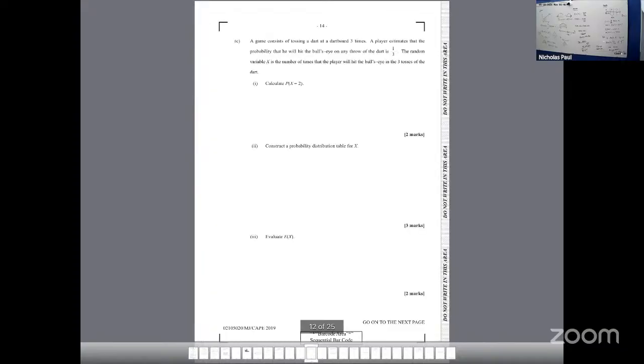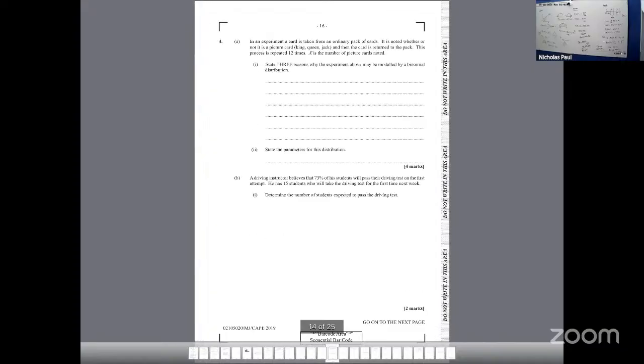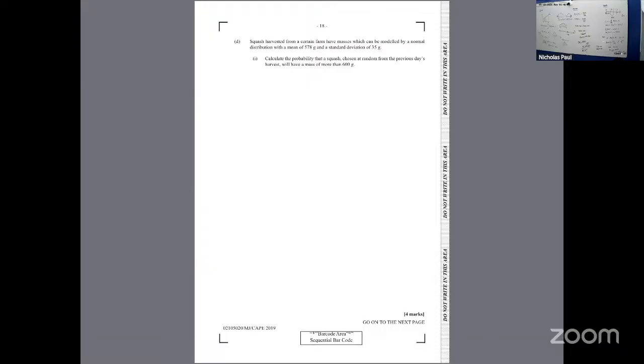Right, the 2019 paper, numbers 3 and 4. Check any of the groups. When you have 2019, you can just share it back in the group.